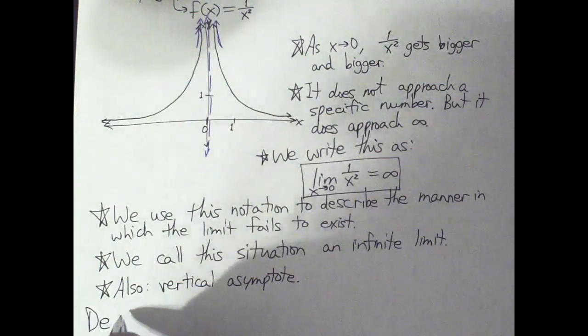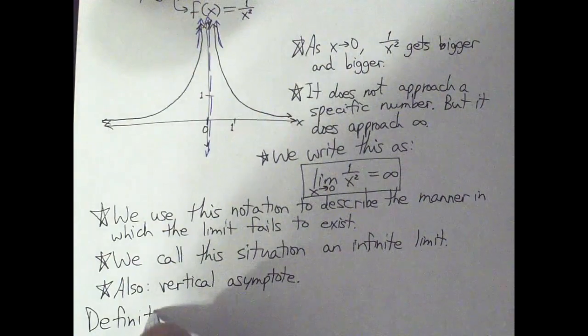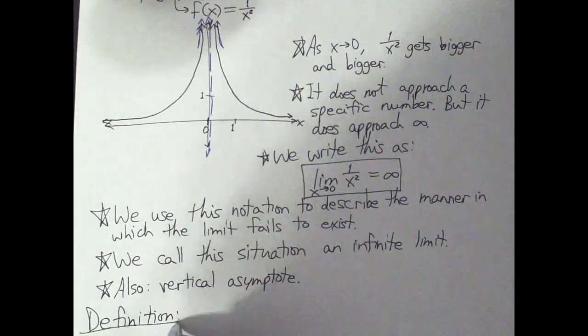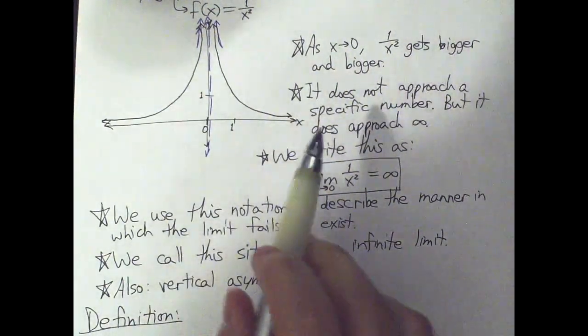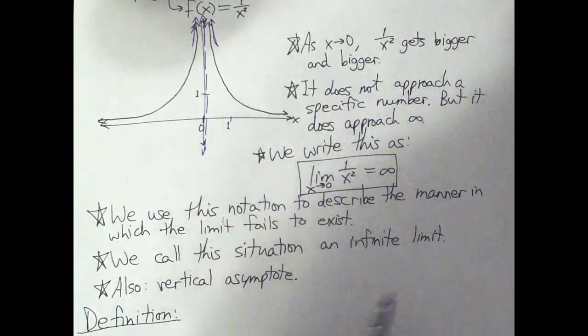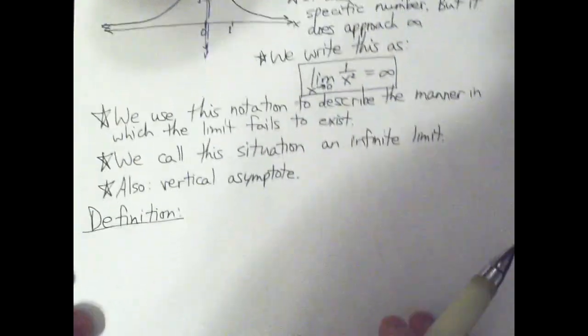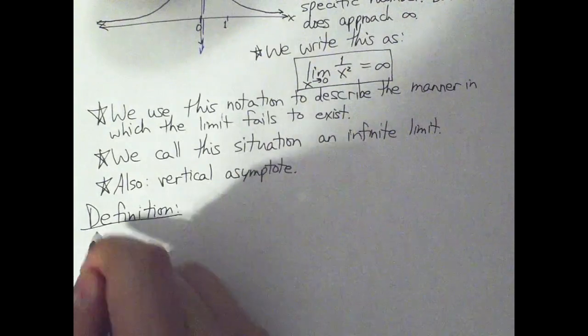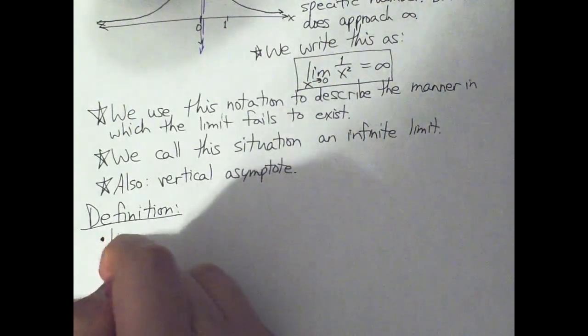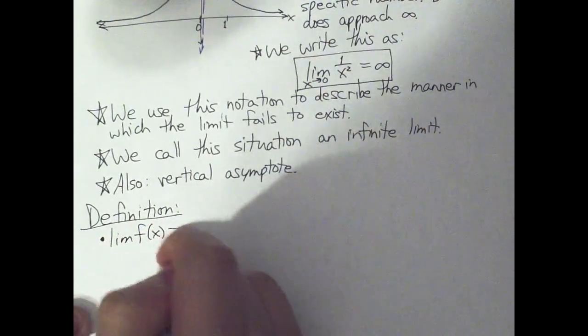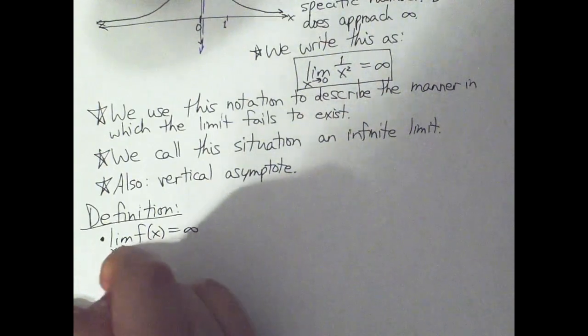Now, let's get an actual definition for this stuff that we're talking about here. Because I'm saying things like this situation is known as an infinite limit, but let's actually have a definition for it. Okay? We are going to say the limit of f of x equals infinity as x approaches c.